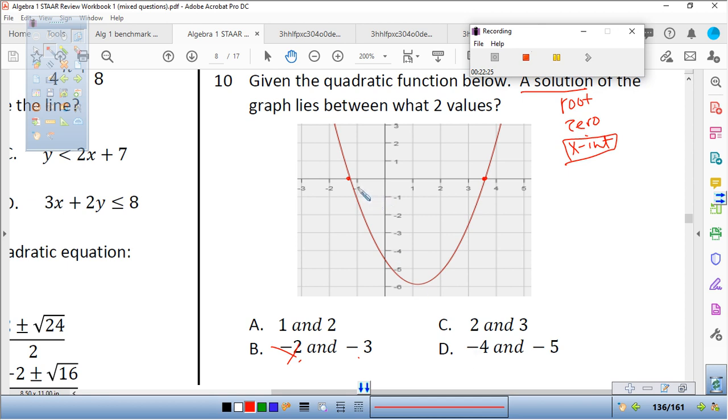A solution. I'm lost here. Hold on. Maybe I read it wrong. Given the quadratic function below, a solution of the graph lies between what two values? -1 and -2. I don't see -1, -2. Between 3 and 4.